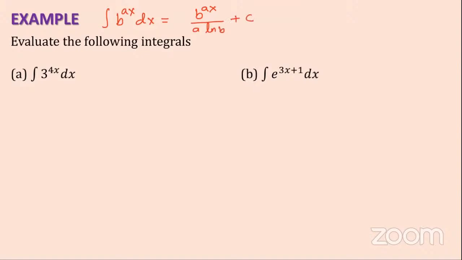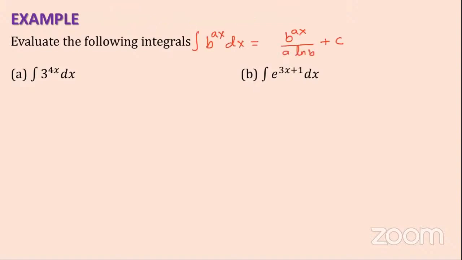Okay, I wrote all the way on the top. Yeah, so it is b to the ax over a natural log b. Do you see it now?